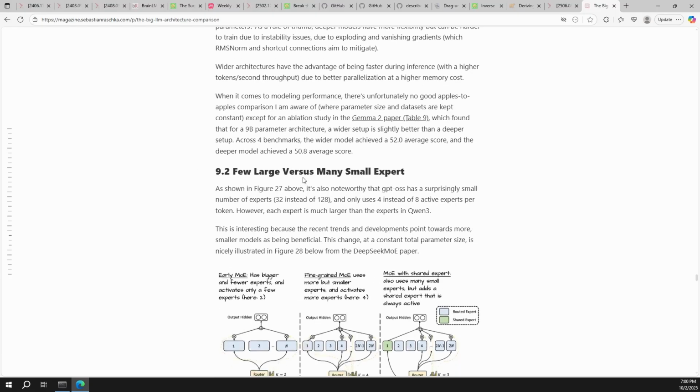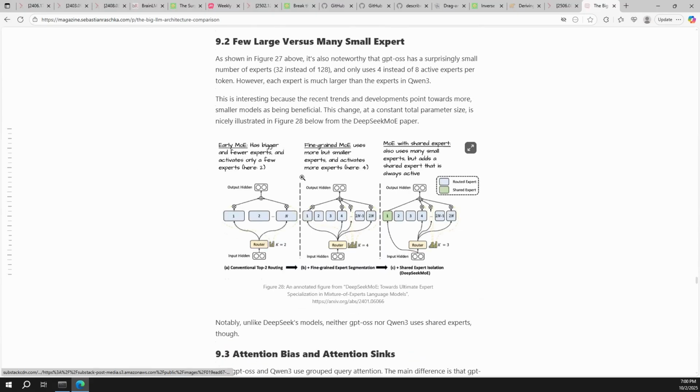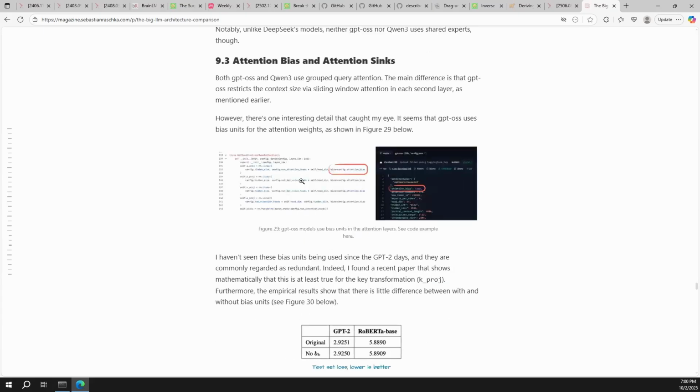Okay, fewer experts, yes. And then one of the main things that I've seen people talk about is that GPT-OSS has a way of dealing with attention sinks that we haven't seen a lot of other people implement.